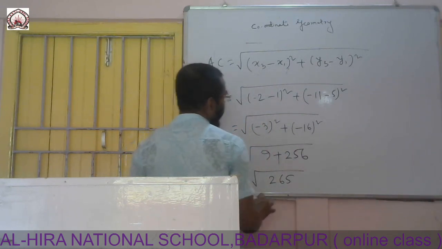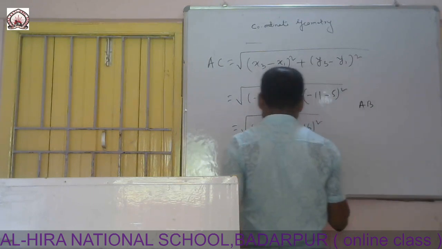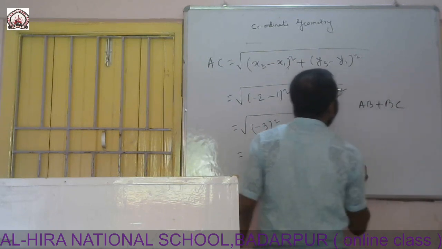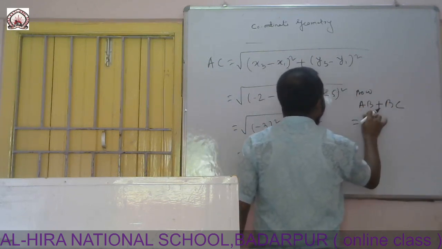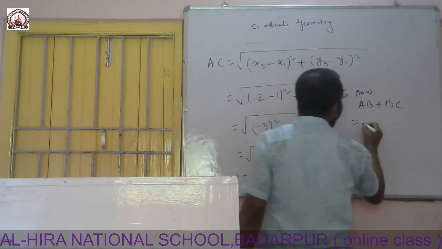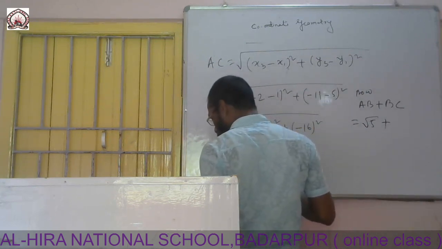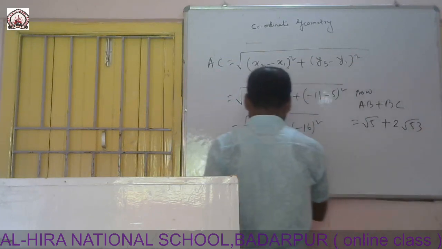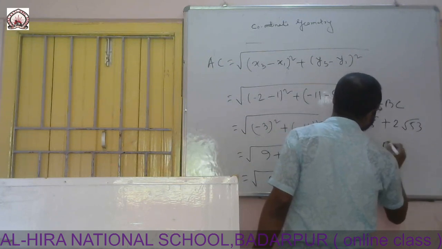Now we can write AB plus BC. AB we got as square root of 5, and BC earlier we got as 2 root 53, which is not equal to AC.